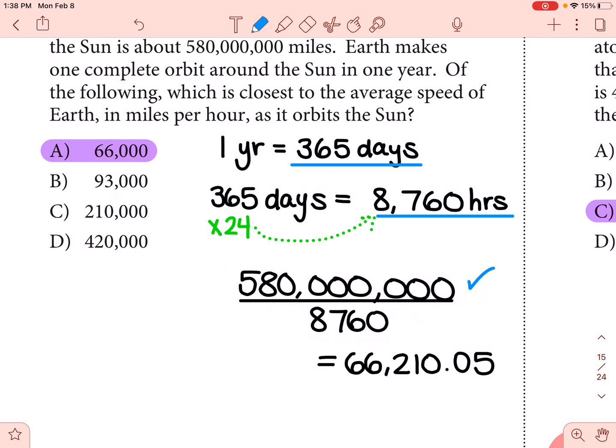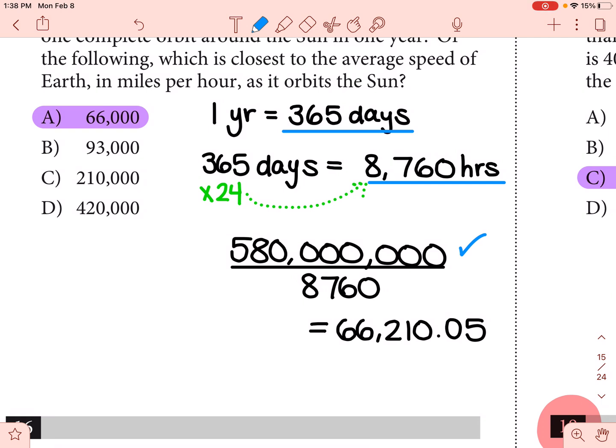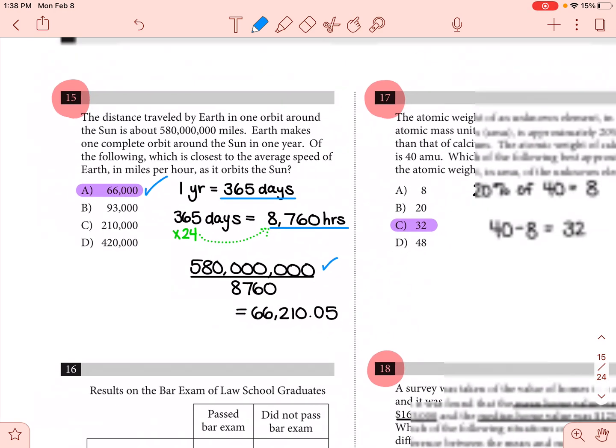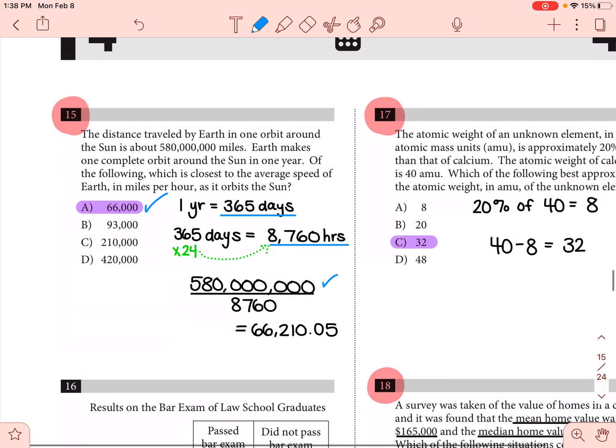Okay, miles over hours, and that came out to be about 66,000. It wasn't exact, but about 66,000 miles per hour, which is pretty wild because we look at the sun and it seems like it takes forever, but really the Earth is moving so fast. Okay, cool. That was number 15.